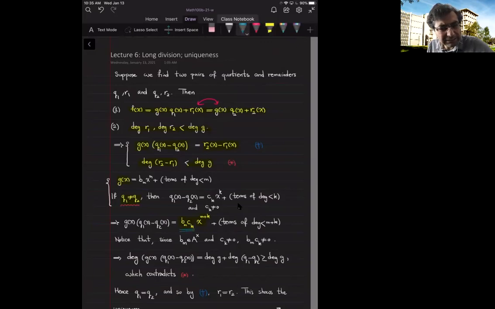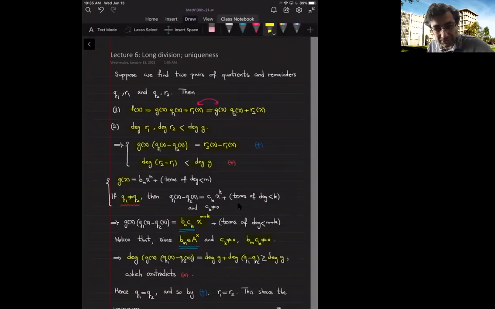But how do I know that it's not 0? It is not 0 because b sub m is a unit and c sub k is not 0, therefore their product cannot be 0. This implies that the degree of this product is precisely the summation of these degrees. In particular, it cannot be smaller than degree of g.